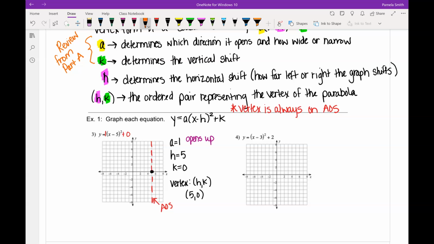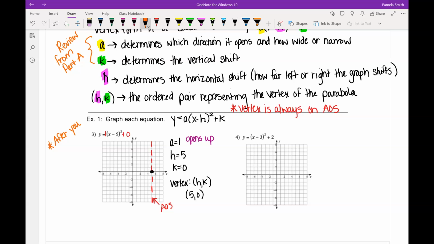Now, this is where I'd add a little note off to the side. After you graph the vertex and axis of symmetry, you're going to pick 2 points, one on each side of the axis of symmetry, to substitute into the equation to help you get the shape of the graph. So let's add that note.